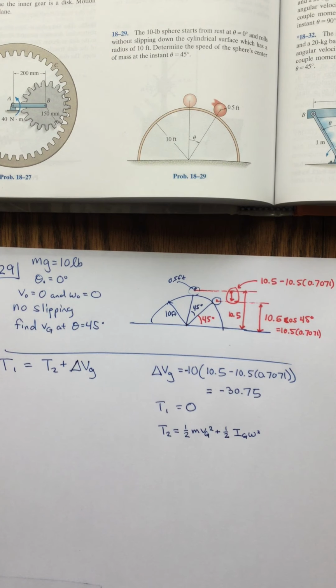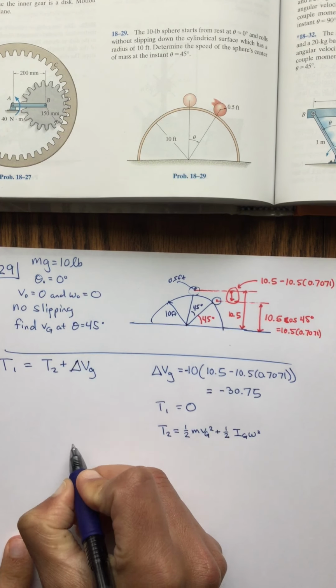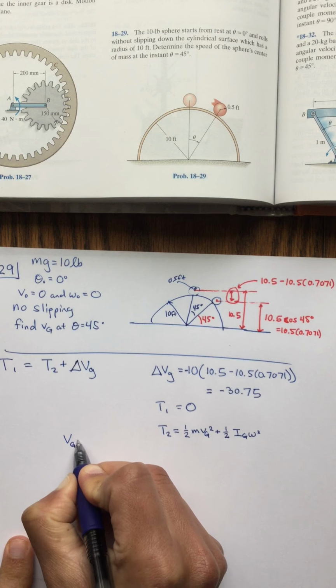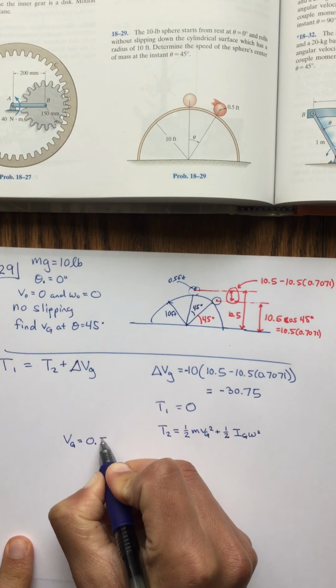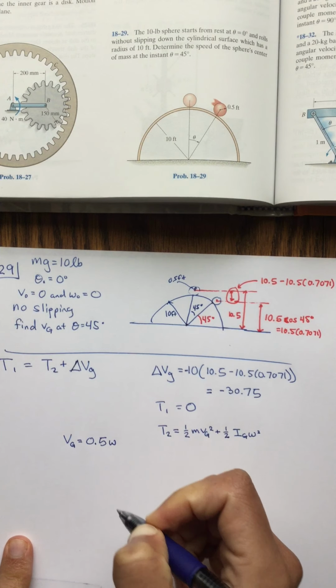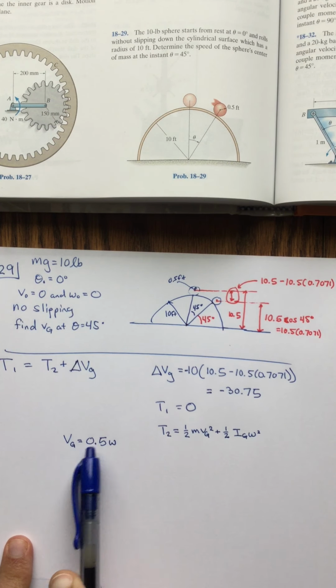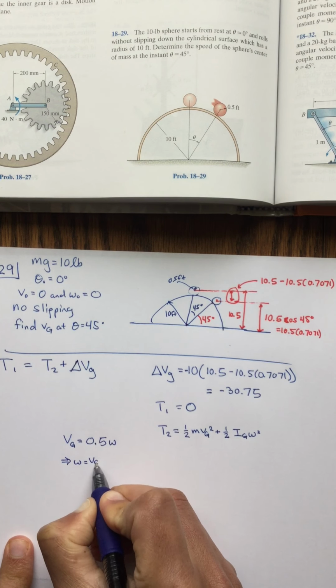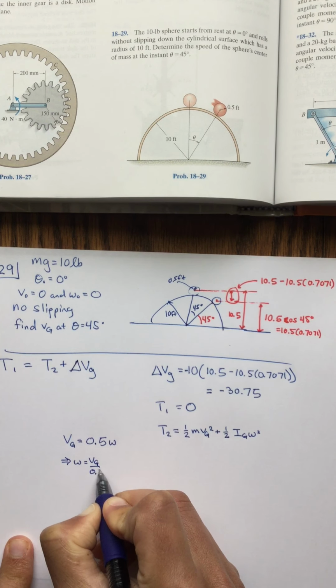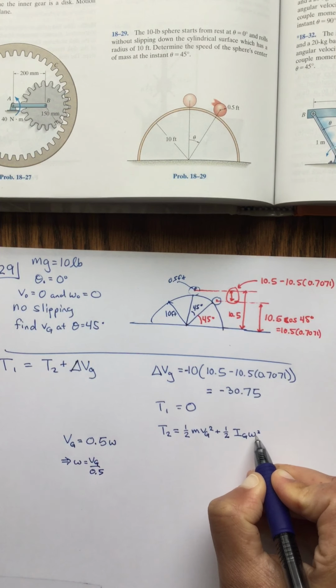Since we have rolling without slipping, the velocity of the mass center is equal to the radius of the sphere, which is 0.5, times omega. Since I'm looking for the velocity of the mass center, I can say omega is equal to the velocity of the mass center divided by 0.5, and then put that in here.